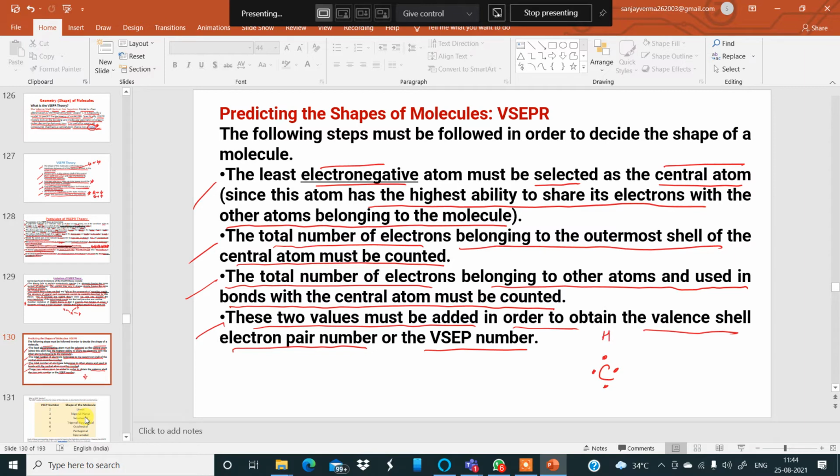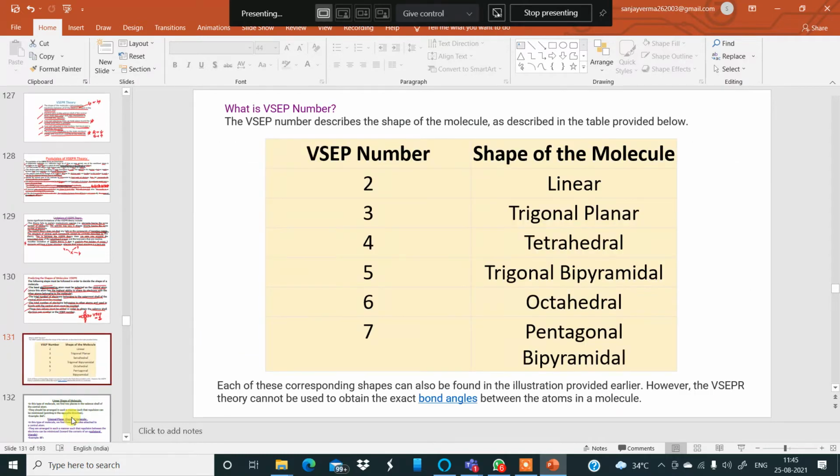And if I bring 4 hydrogens around the carbon atom this way, so now this is 1, this is 2, this is 3, this is 4. So the VSEP number over here becomes 4, because there are 4 electron pairs which are used to form bonds. So the VSEP number for the methane molecule's central carbon atom becomes 4. This will be clear to you all in the next slide which I am presenting.